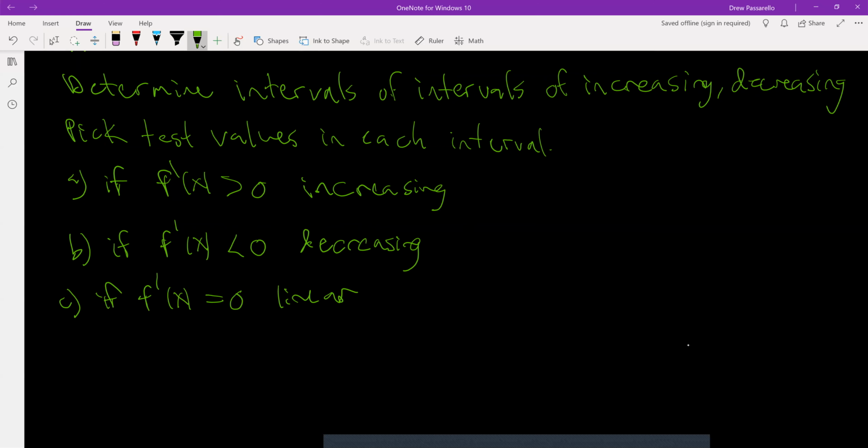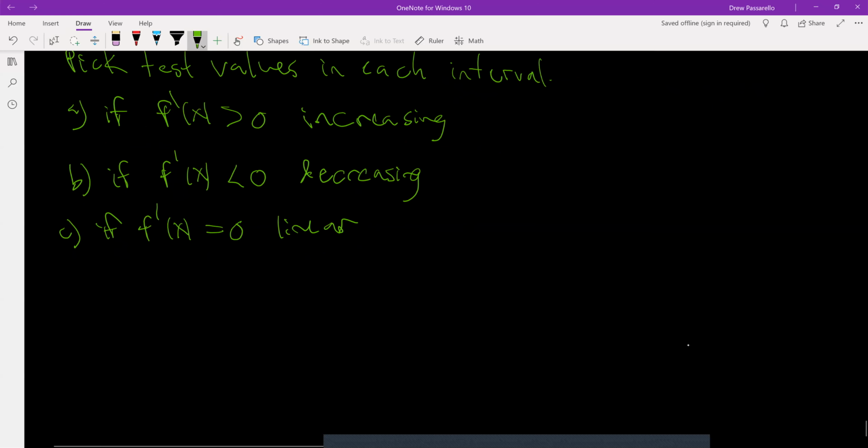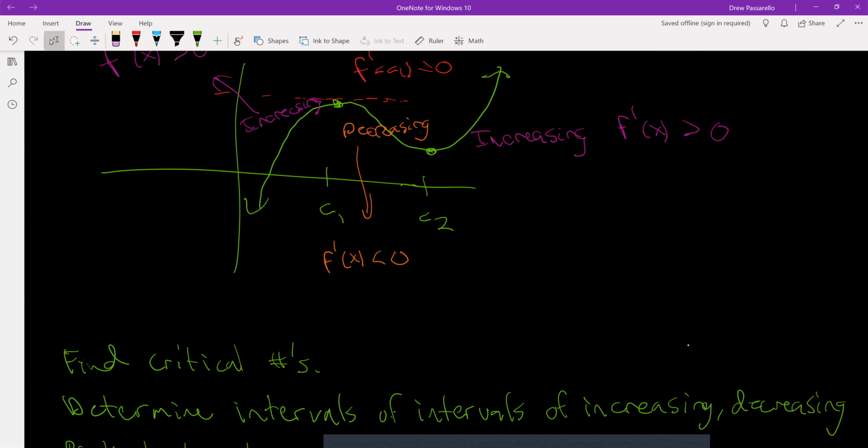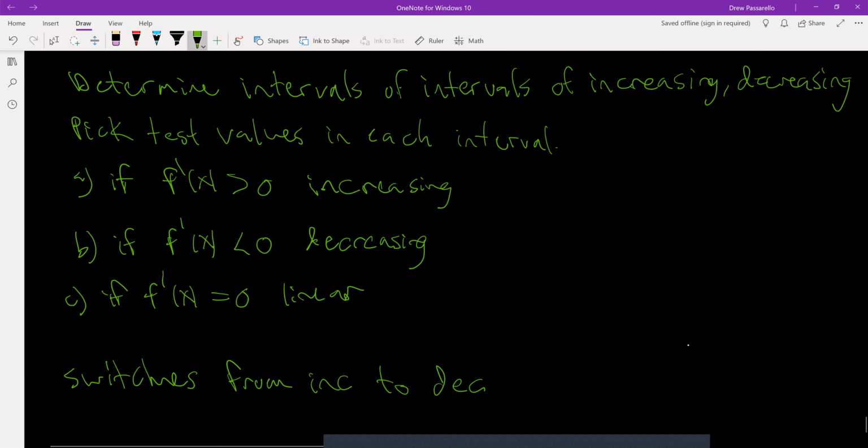All right, after you determine these intervals of increasing, decreasing at the critical numbers, if it switches from increasing to decreasing, like in this picture, where C1 goes from increasing to decreasing, that means it's a relative max.